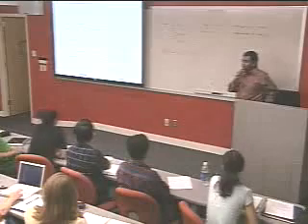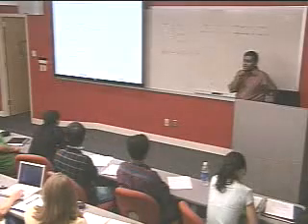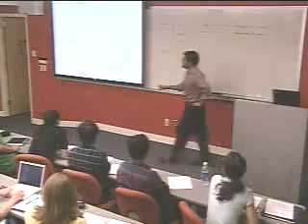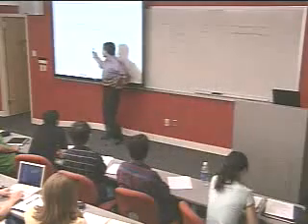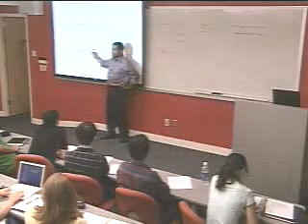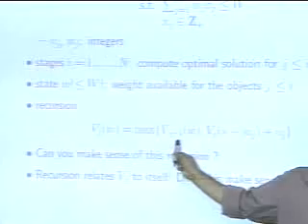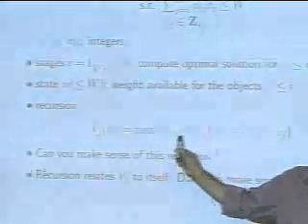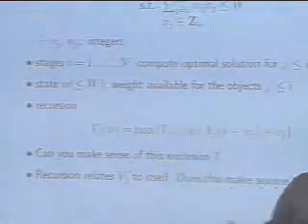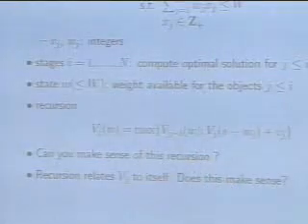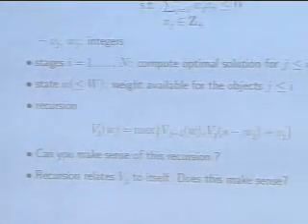And this is what we want to figure out. What are we doing in that recursion? What does this part of the recursion mean? What am I doing when I'm doing this? I'm not putting the jth object. So if I'm looking at the jth object, what can I do? I can either pick up the jth object or not pick it up, right?